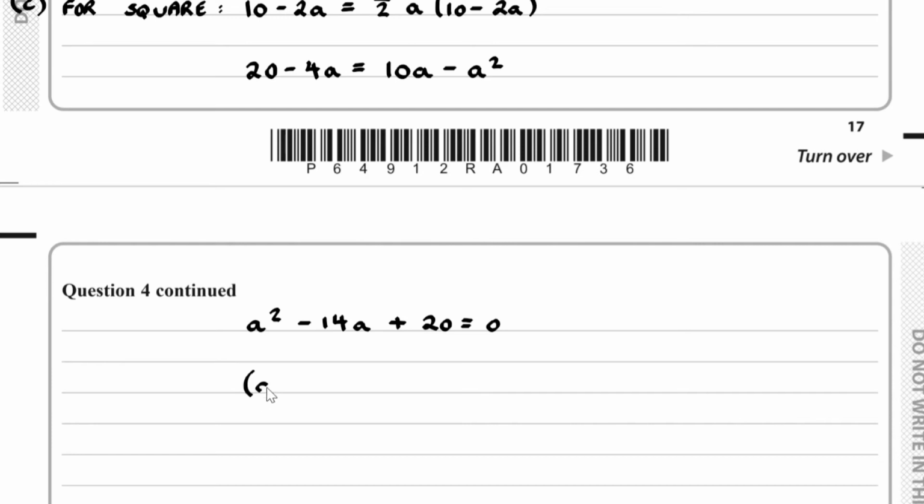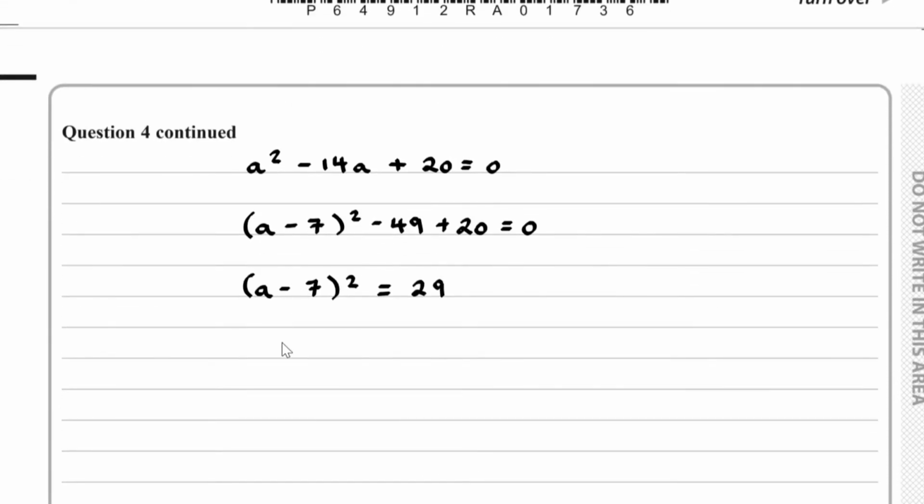So a subtract 7 all squared subtract 49 plus 20 equals 0. A subtract 7 squared is equal to 29, which means a is equal to 7 plus or minus root 29.